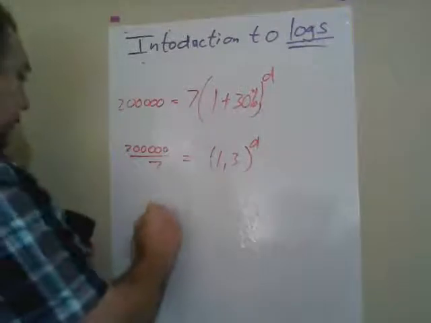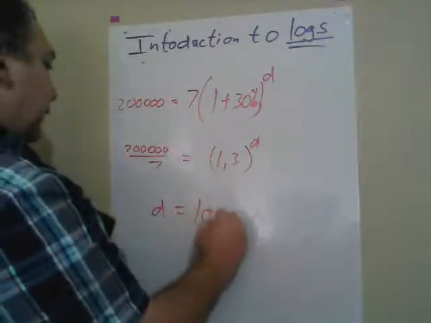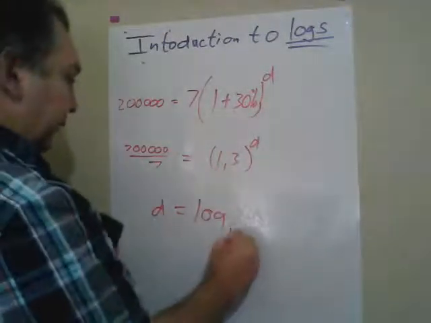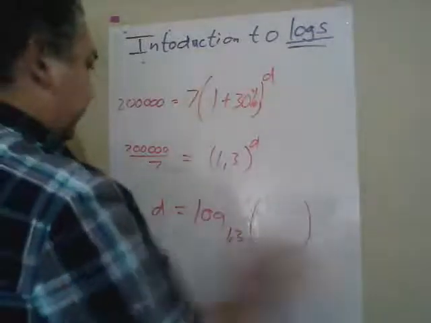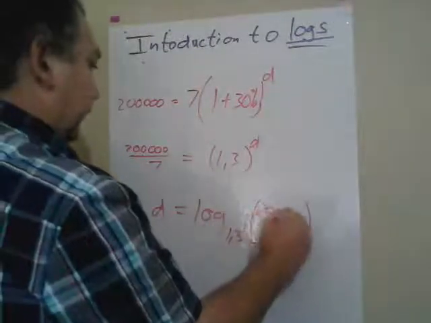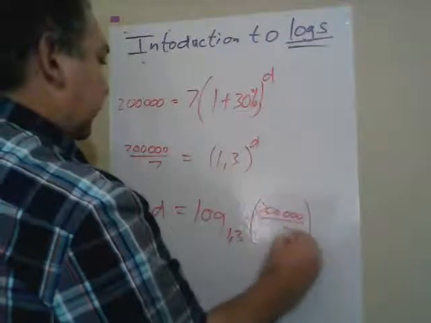So our D is then log base 1.3 of 200,000 over 7.